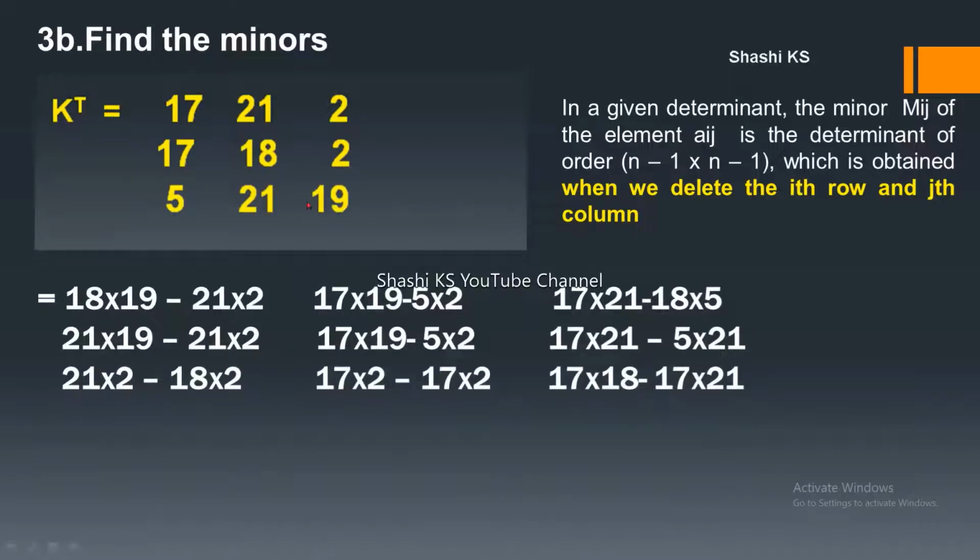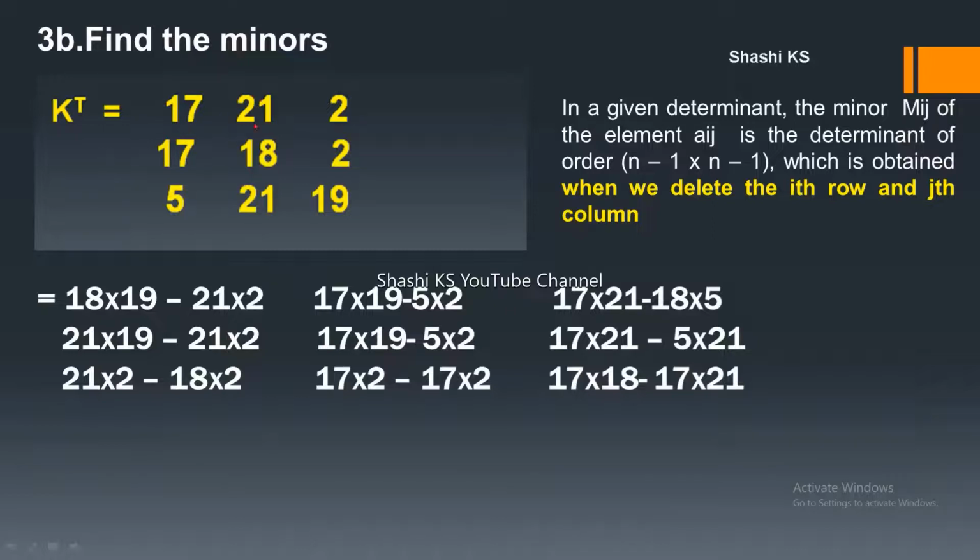These are the minors for 17. Find the determinant value for these elements: 18 into 19 minus 21 into 2. That would be the minor element value for the element 17.